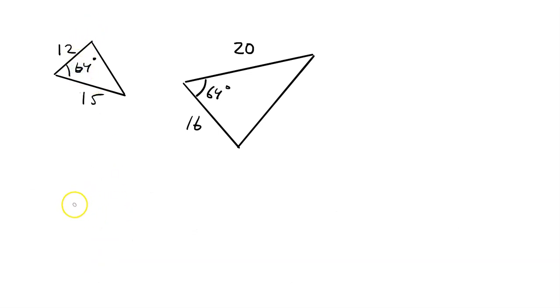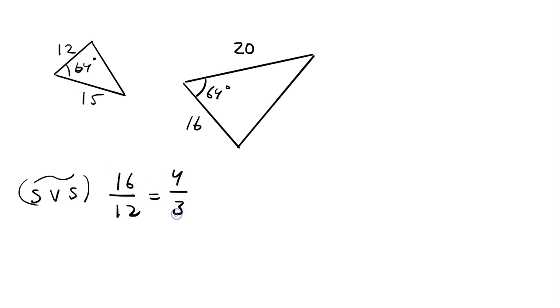Okay, so let's say we have this situation. We have these two triangles. Then we will see that this will satisfy the second condition. That is, two sides are pairwise proportional and the angle between them is the same. We see here the angle is the same, so that we can see directly. Now we want to check if these are pairwise proportional. This here corresponds to that one. So if you have 16 divided by 12, that's 4/3.